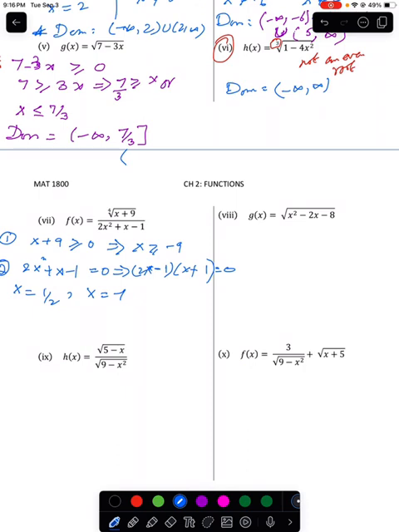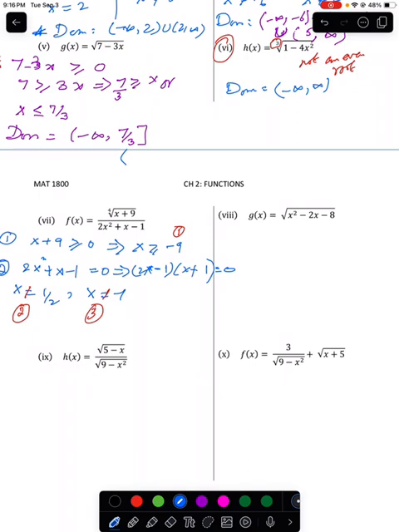Now when we look at the domain, we basically have to look at all three things. What three things? One is this, another is this and this. That x cannot be 1/2, x cannot be -1.